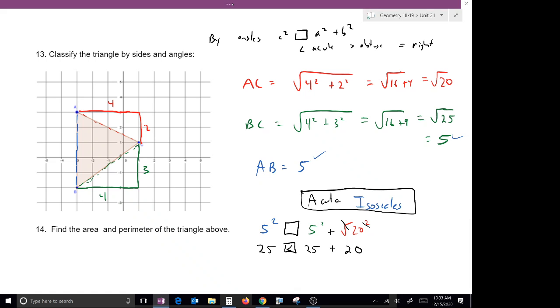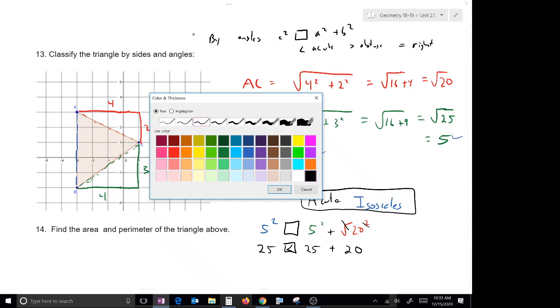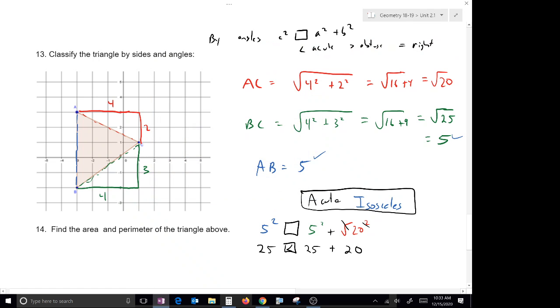Okay, find the area. So the way we're going to find area is we first find the area of our entire rectangle here. So that rectangle is a 4 by 5. The area of my box equals 4 times 5, which equals 20.